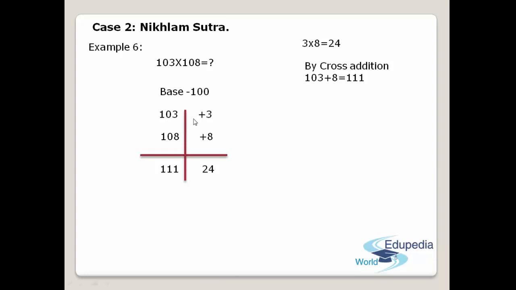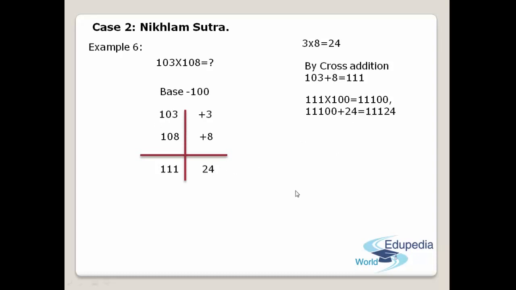So what we have to do here is multiply the left side bottom number 111 with 100. If you multiply these two numbers, you will get 11,100. After getting this number, you just add this 24 to this number.